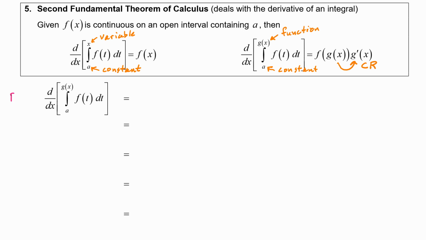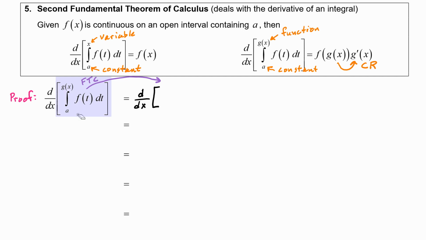So let's write a proof. We want to find the derivative with respect to x of the integral from a to g of x of f of t dt. So we'll keep the d by dx on the outside. And then let's apply the fundamental theorem of calculus to this integral that's on the inside.